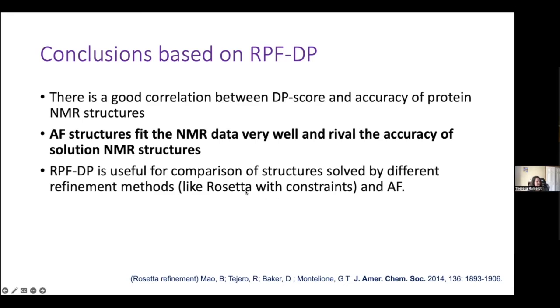We did that with Rosetta. This paper in 2014 from the Montelione lab used Rosetta, and they found that it made the NMR structures look more like the X-ray structures so that they could be better used for molecular replacement. So you can test AlphaFold and different methods and see which one matches your NMR data the best.